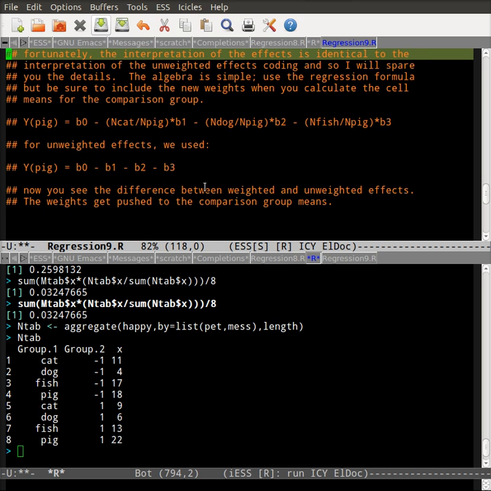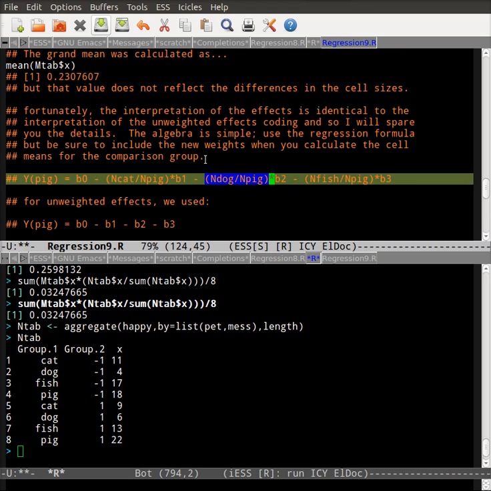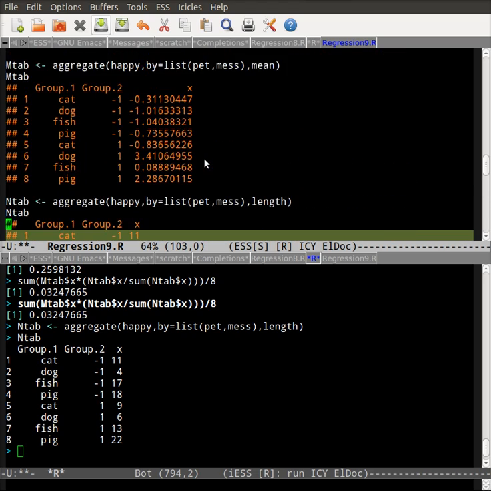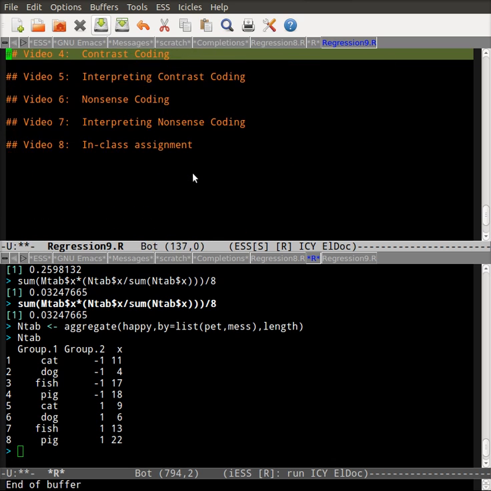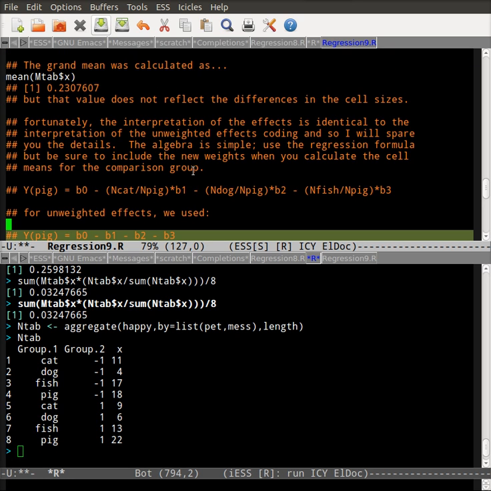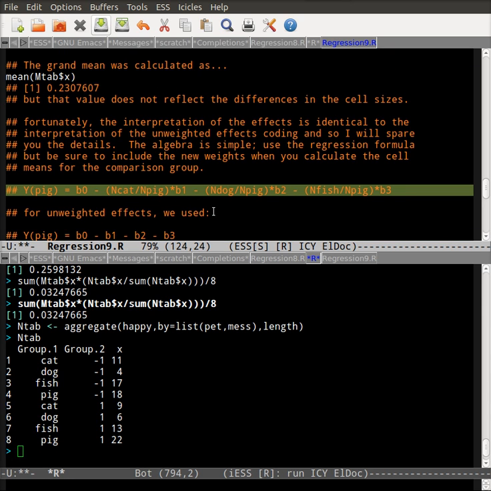Now what we get when we're calculating this is going to be minus 0.5 times B1, and so this is going to remain the same logic. If you look at our weighted codes, it's going to be minus 0.5 times B1, minus 0.25 times B2, and minus 0.75 times B3. And that's precisely what we get here.